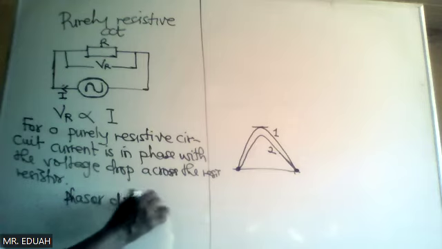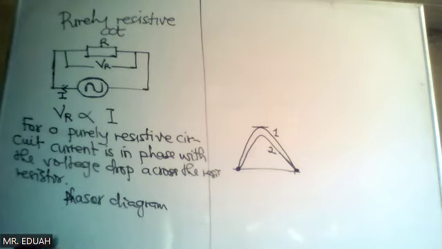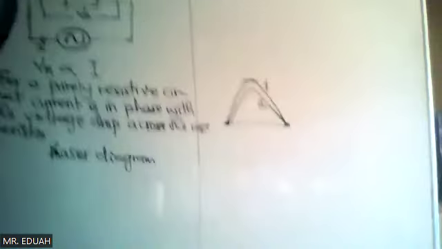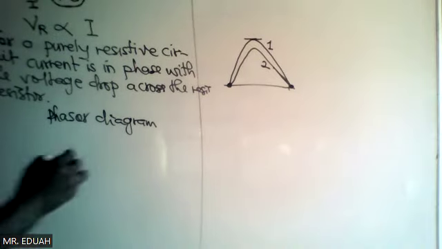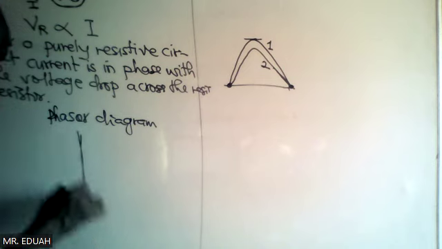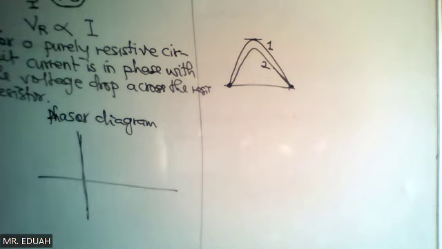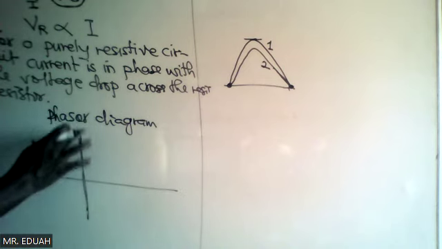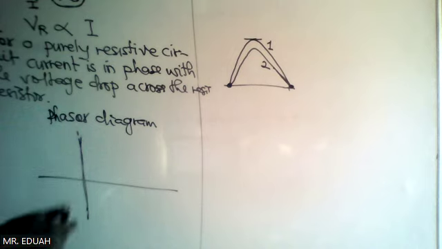This is what we had, that the direction of current is the same as the direction of voltage. In a phasor diagram, we are representing the direction and the magnitude on the Cartesian plane.